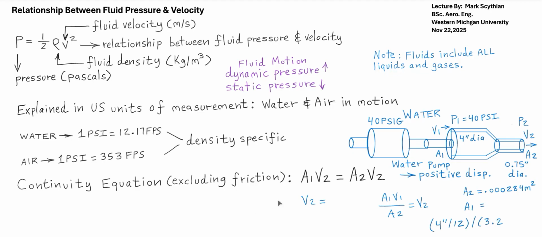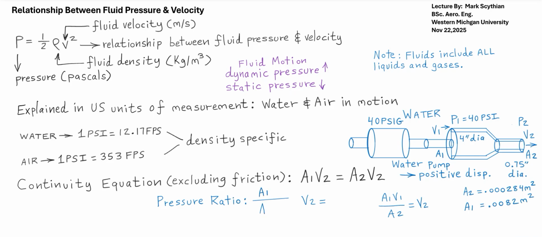That should be A1 right there. So I'll flip that around in a second. So yeah, 4 inches divided by 12 feet divided into meters. So we get a 0.102 meter diameter. And then we just use pi r squared and we calculate 0.0082 square meters.